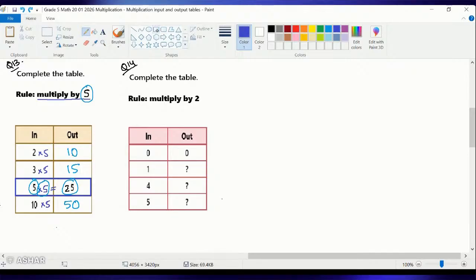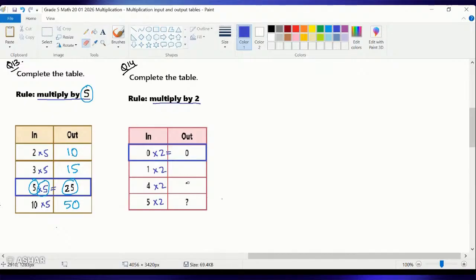We have to follow the rule, and it says multiply by 2. That means if 0 was multiplied by 2, it still stayed as an output 0. But if one input is multiplied by 2, that means all the input values would be multiplied by 2, right?